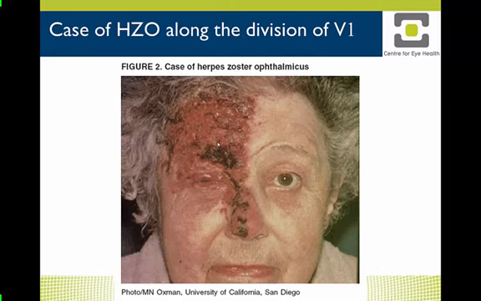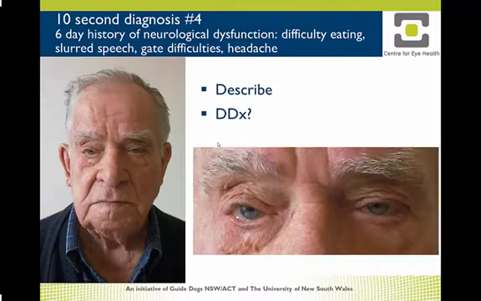The effect of systemic acyclovir is significantly reduced otherwise, which means that the course of the disease is longer, and post-herpetic neuralgia is also increased if acyclovir is not provided to the patient early on in the disease process. Let's now move on to our fourth patient.